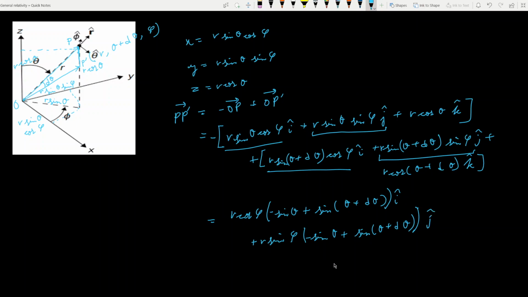And then finally we will take r common because we have only two terms left, so r, and this should be cosine of theta plus d theta minus cosine of theta, which is basically in the z, k hat direction.